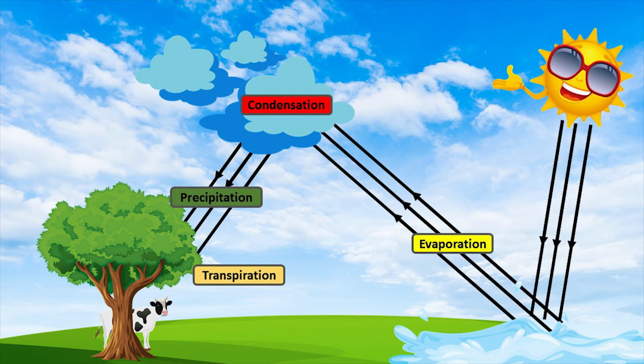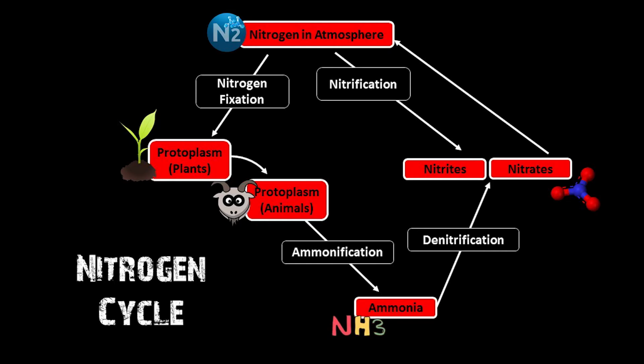Now let us understand nitrogen in the atmosphere, the nitrogen cycle. So what happens? I can classify or separate this as nitrogen fixation and nitrification. Nitrogen fixation you have already studied probably in the 8th or 7th standard.